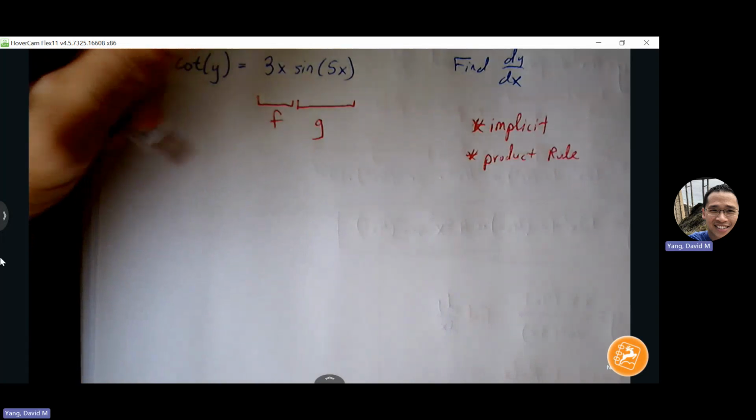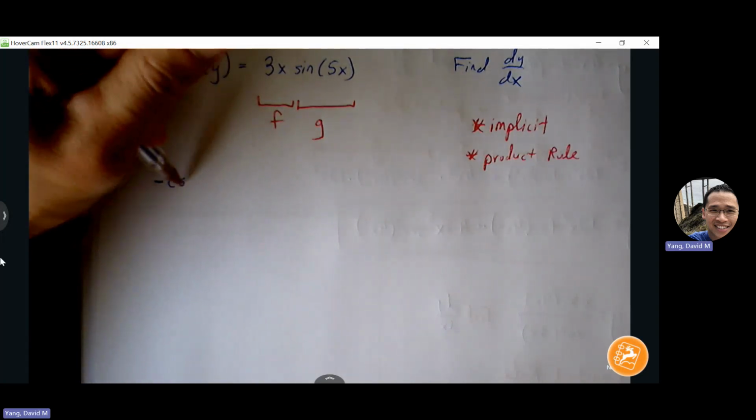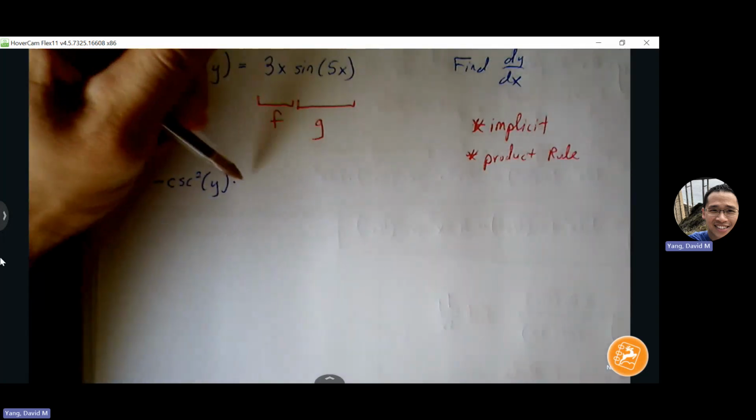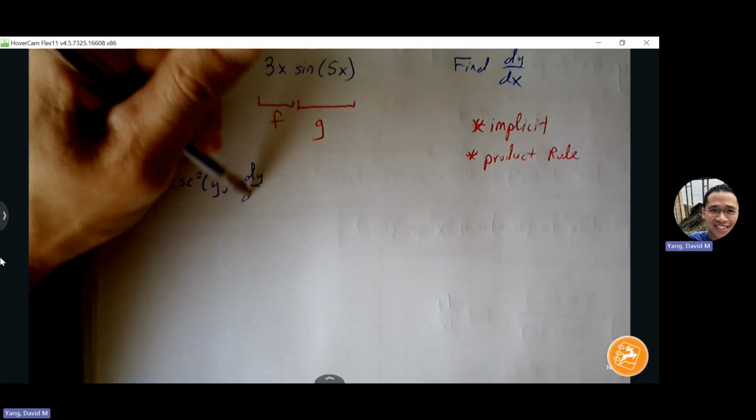Cotangent of u is negative cosecant squared of u times u prime, and y's derivative is dy dx.